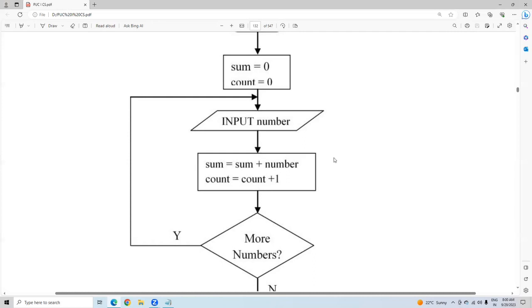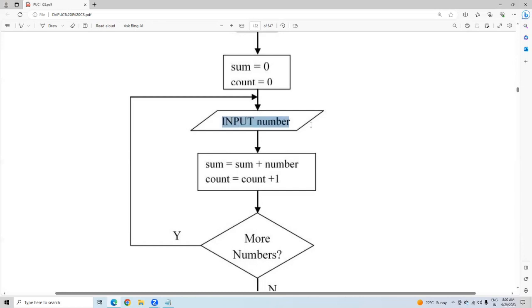User has to input different numbers in every rotation, and those numbers have to be added. And at last, it should keep track of how many numbers are entered. And at last, when they don't want to feed some more numbers, they want to stop at some stage, it should come out and then it should calculate average and print sum and average.